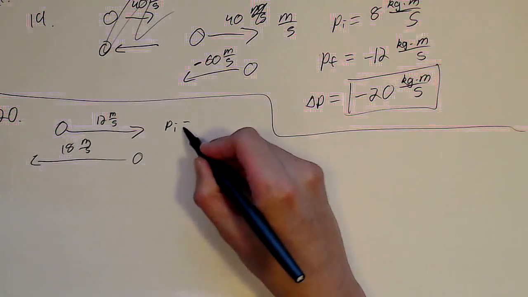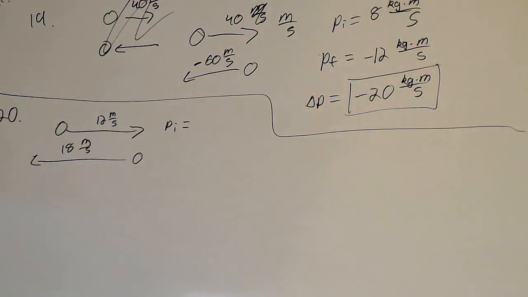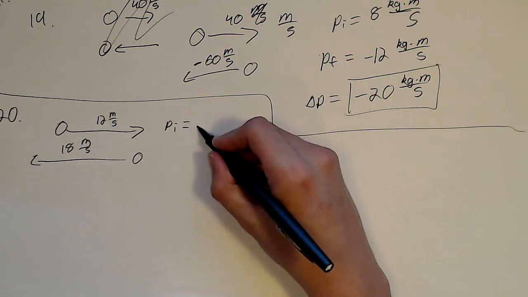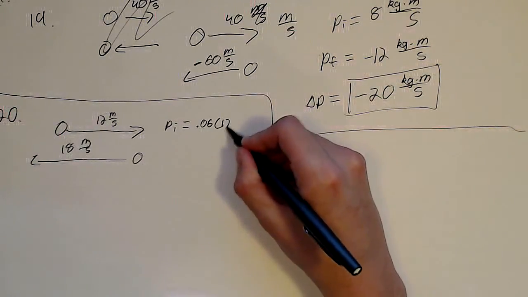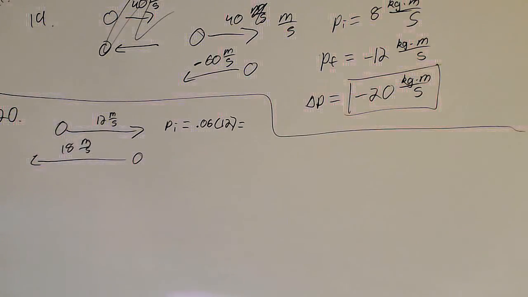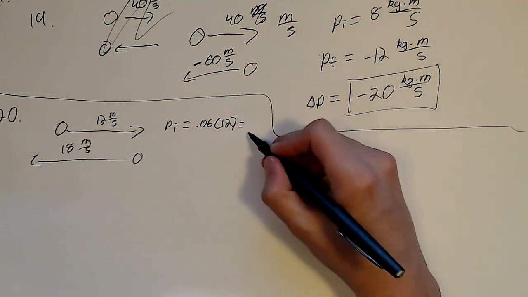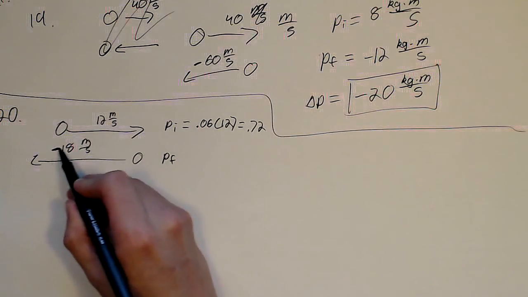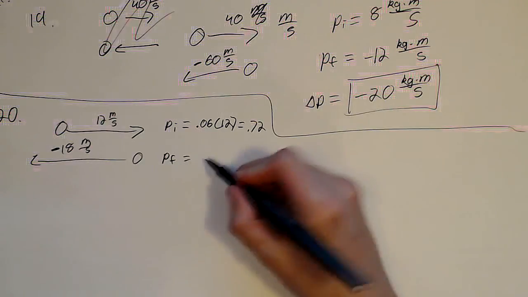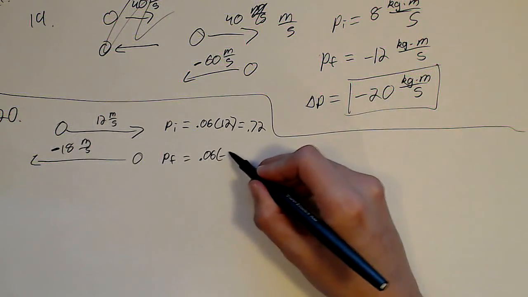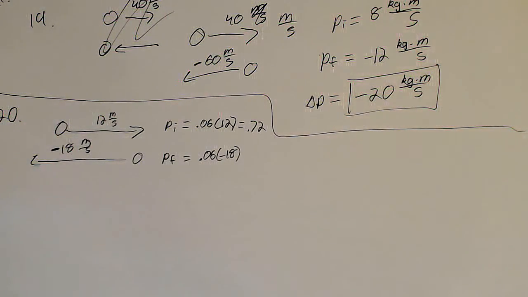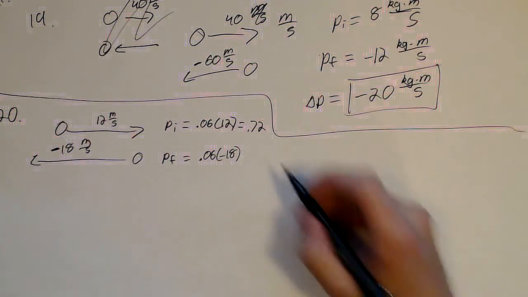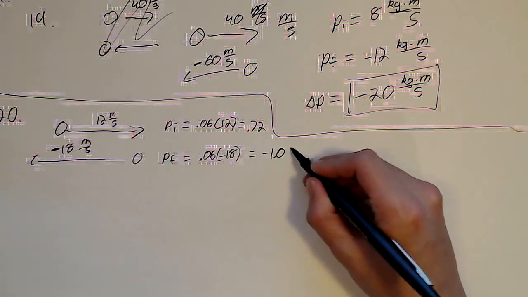So the initial momentum is equal to 0.06 times 12, which is 0.72. And the final momentum, again in the opposite direction so this has to be negative, is 0.06 times negative 18, which is negative 1.08.